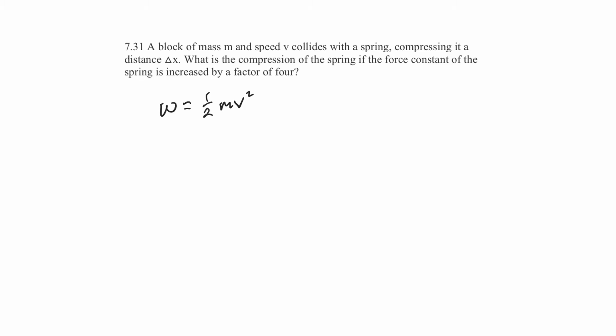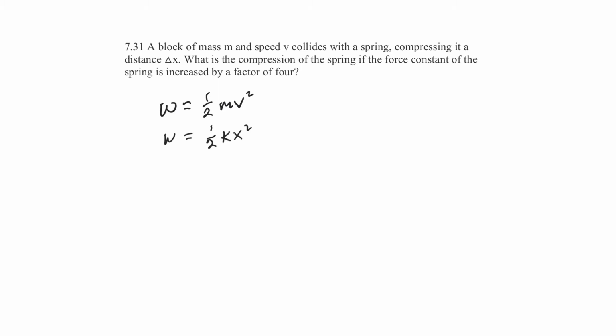We're also looking at Hooke's law, and for a spring, work equals 1/2 kx squared. And x is the distance that you compress or stretch the spring. k is the constant, how stiff that spring is. And so you're going to see that these two are absolutely related to each other.